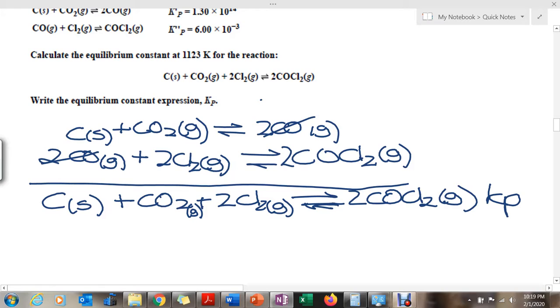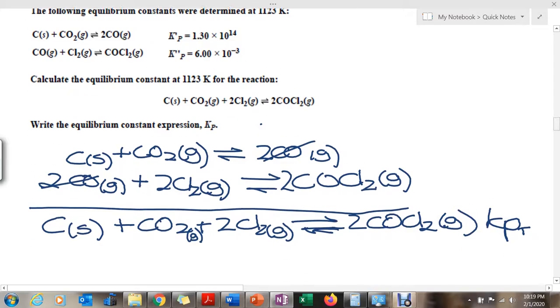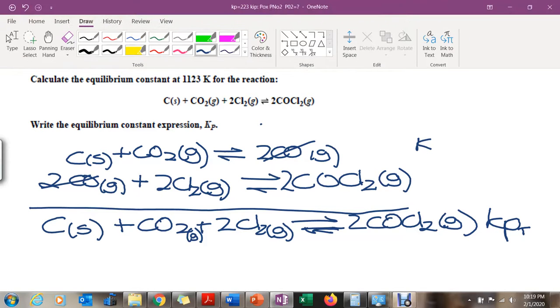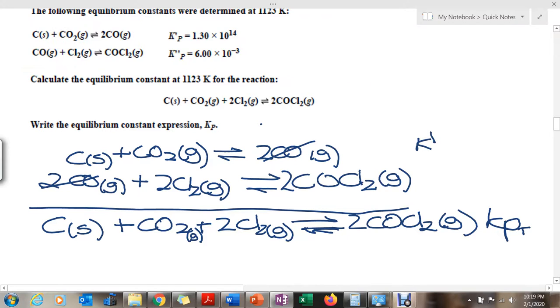Now let's look at the constant, which would be the Kp total. The first Kp stays the same because you didn't do anything with that equation.